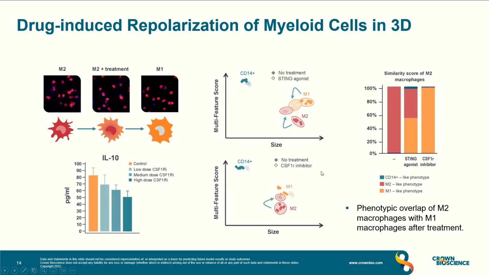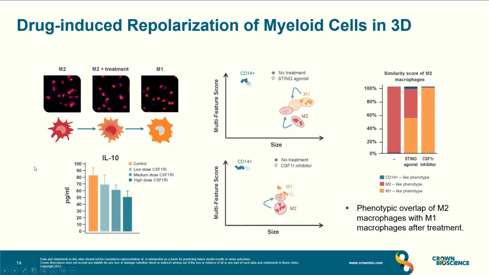You can clearly see a shift in the space towards the M1 phenotype from the M2. So this is working really well. It is not only our morphological features that are in line with this, but also, for example, the excretion of IL-10. We can see that this also corresponds to more M1-like macrophage behavior.